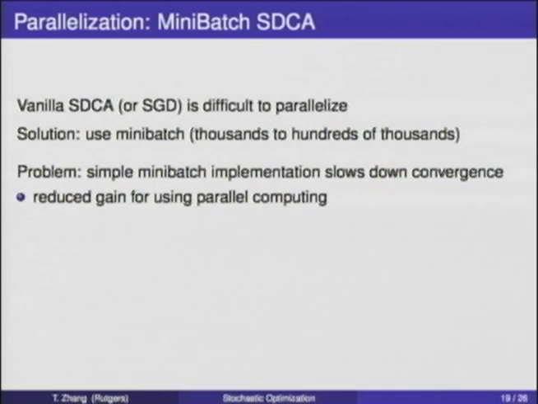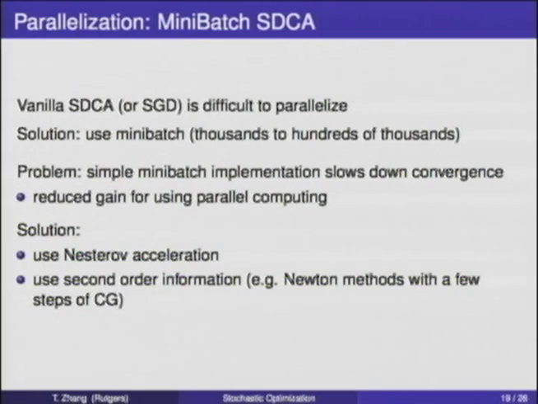Except the problem is, if you do a simple MiniBatch implementation, it will slow down your convergence. It will not accelerate linearly as your processors increase. If you have 100 processors, you really want computation to be 100 times faster. But it will not happen when you do the linear. It will be reduced again.